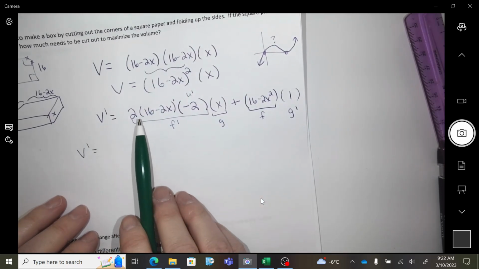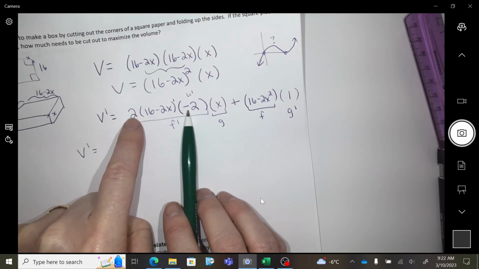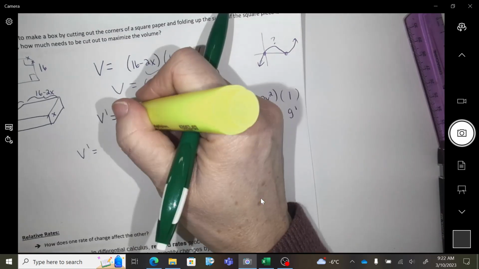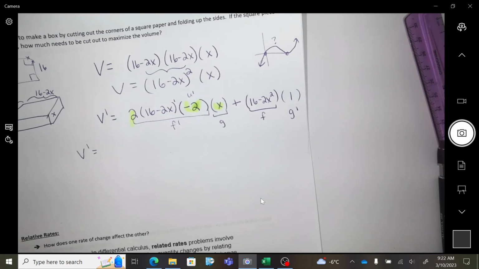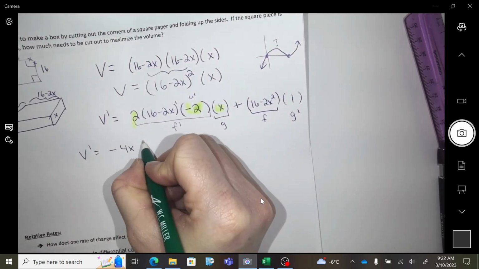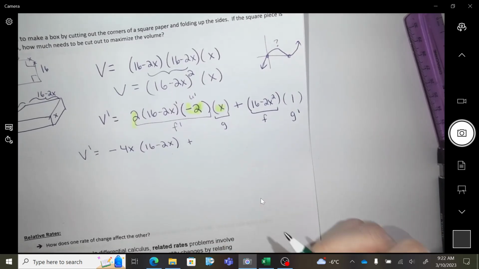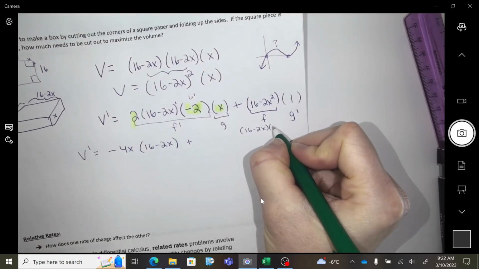Okay, let's put these things together. -4x. So I'm going to put the non-bracket stuff together. I'm going to put those 3 things together. That's okay, you see it? -4x. Okay, can you think about how to square this binomial?